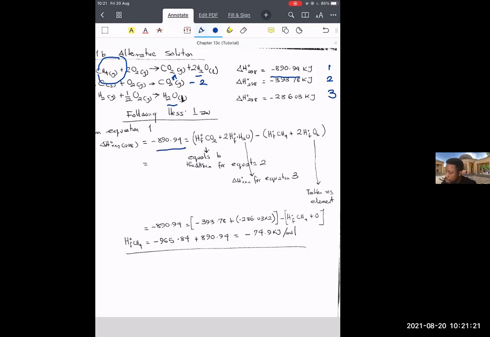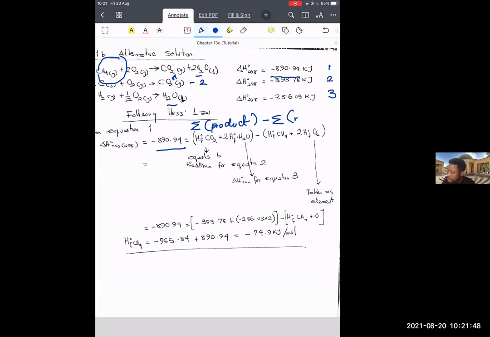We have that value there. And then we need to look for the heat of formation for CO2. Remember, from the Hess's law and the previous calculations we've looked at, you need to sum the heat of formation for the products minus the heat of formation for the reactants.